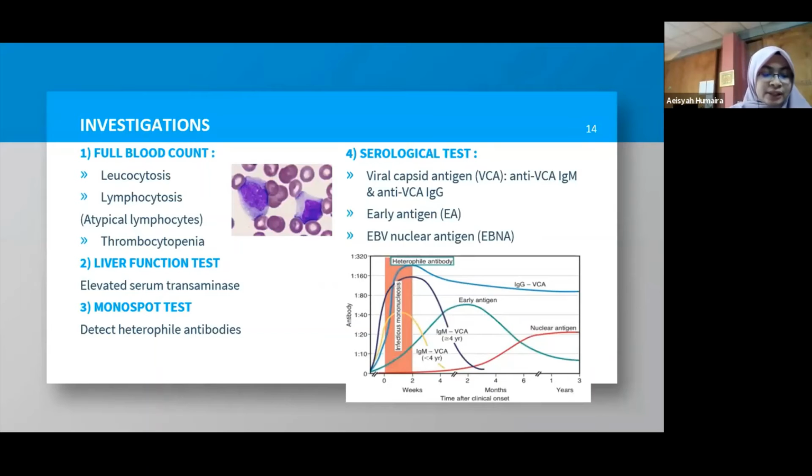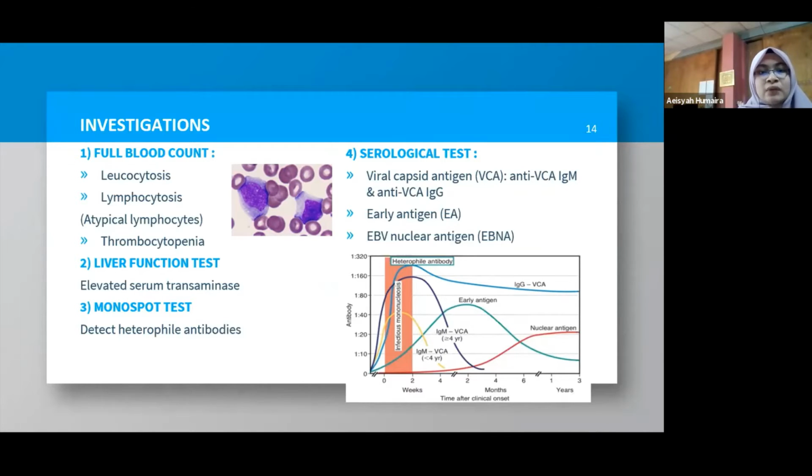Okay, for the investigation, we can do the full blood count to look for leukocytosis and lymphocytosis due to the increase of atypical lymphocytes, and some patients may come with thrombocytopenia.